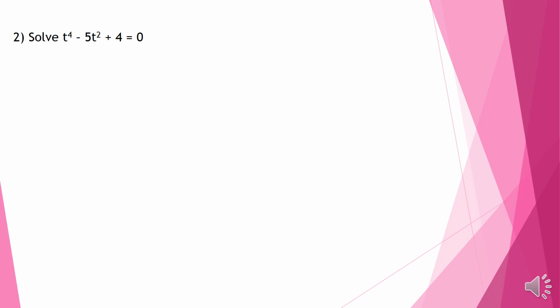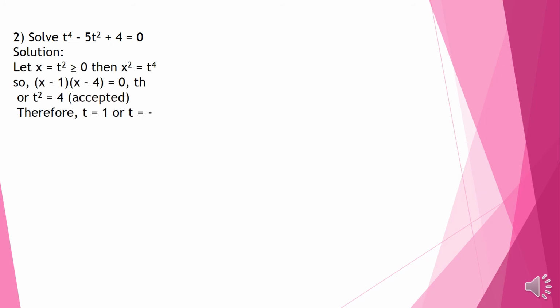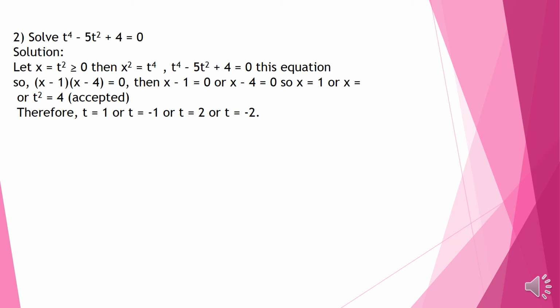Now look at the form. It is similar. If you replace t square by x, then x square should be t power 4. So instead of t power 4, we get x square.